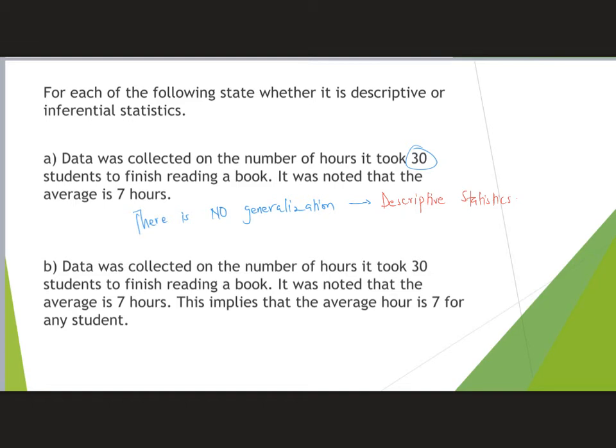In this example, we can establish the fact that there is a generalization. This is because we are generalizing the average hour for any student. So then, this is an example of inferential statistics.